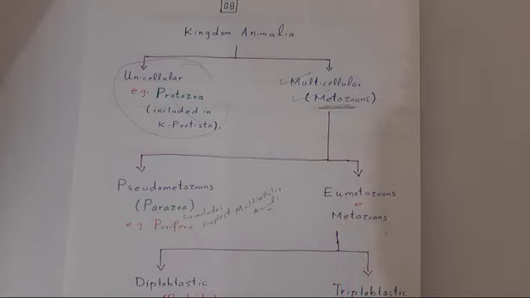Pseudometazoans include the simplest multicellular animals. These are not true multicellular animals. They are multicellular, made up of many cells, but later on you will study that they are just a collection of cells which are not differentiated into tissues and organs. In other words, they lack tissues and organs.